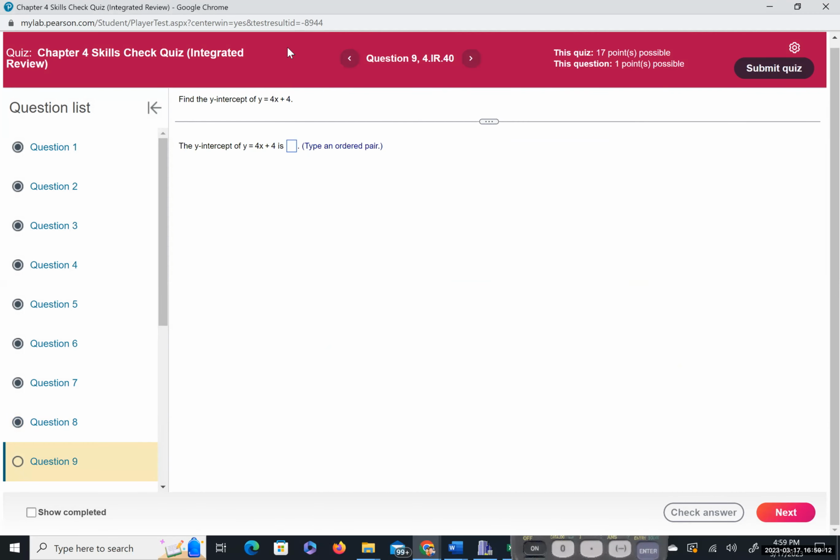Okay, so this is a good practice. It's not a special case. I see that this is b, right? B equals 4. So I know that the y-intercept will be 0, 4. I know the answer right away. Another way is by substituting x equals 0.